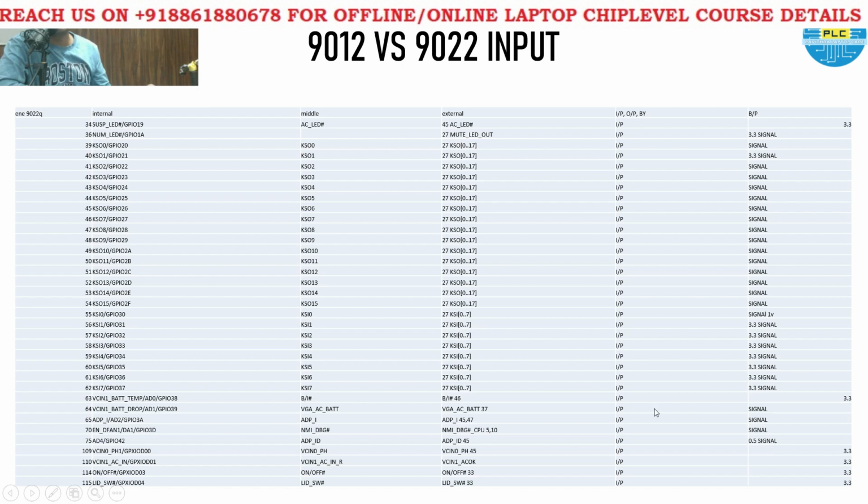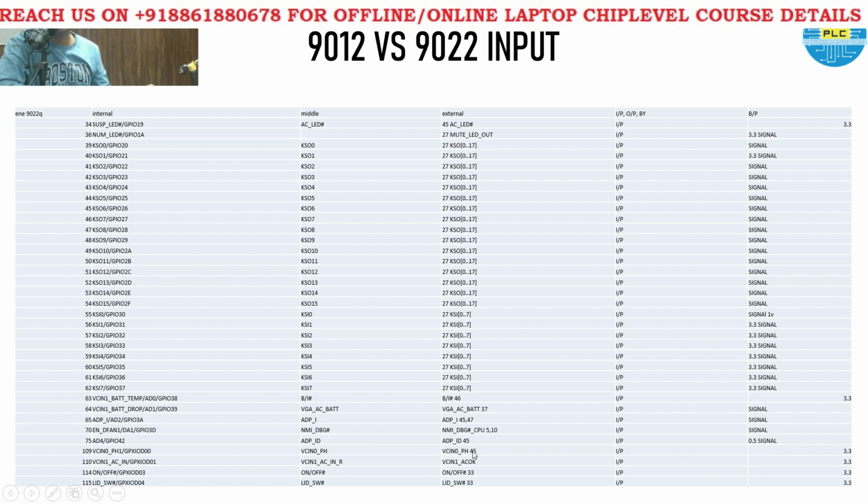KS0 to KS7 you get 3.3 volts with signal, and here we get signal at 1 volt. Then the battery information is an input, and next is the AC battery, the adapter I. NMI debug depends on the motherboard.